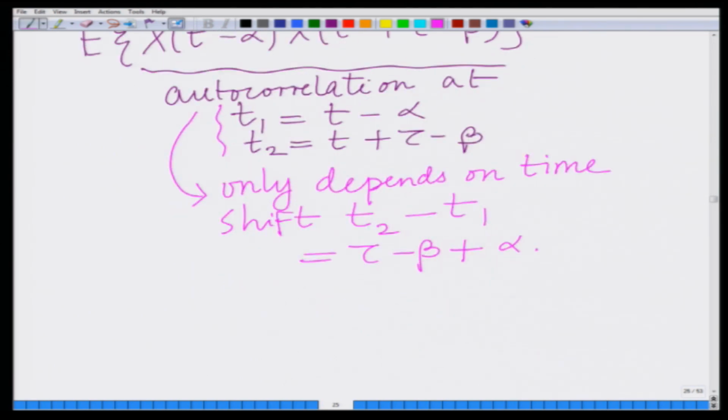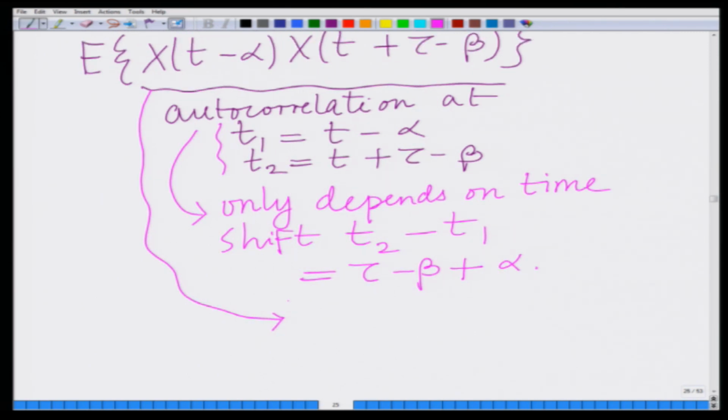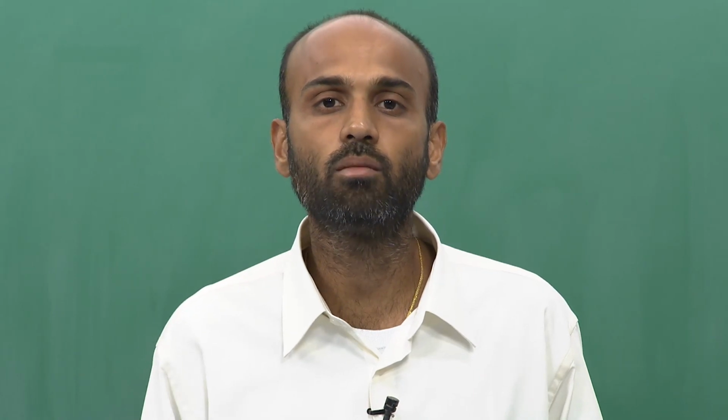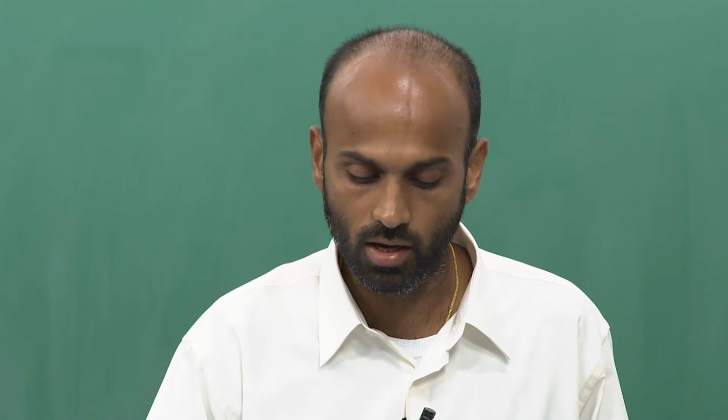Therefore, the expected value of x of t minus alpha times x of t plus tau minus beta is nothing but r x x of tau minus beta plus alpha. It depends only on the time shift between these two time instants, because x is a wide sense stationary random process.